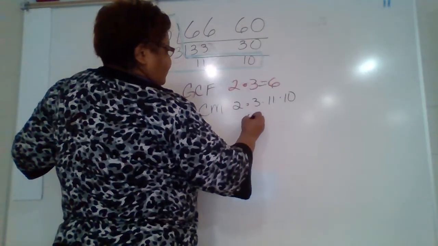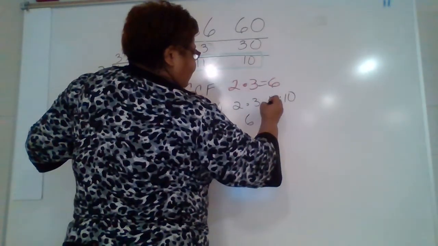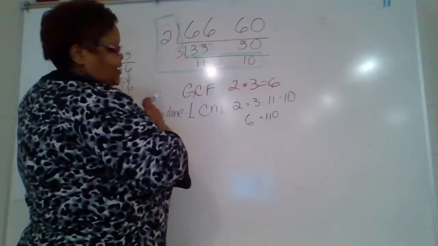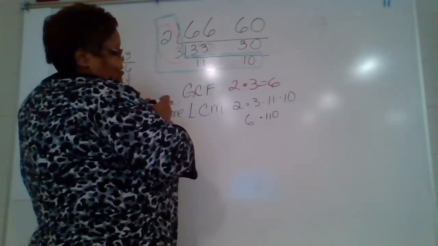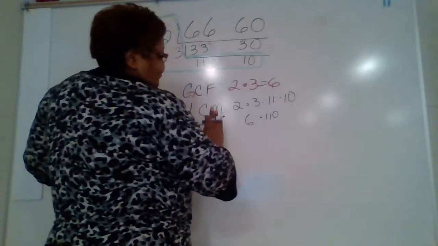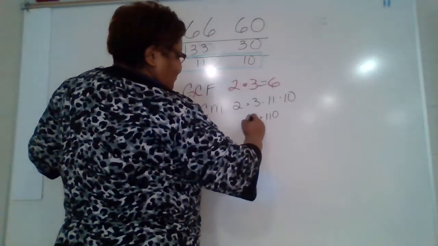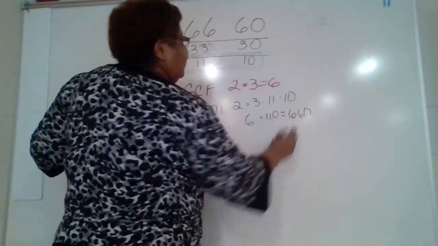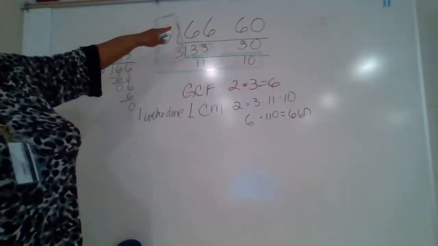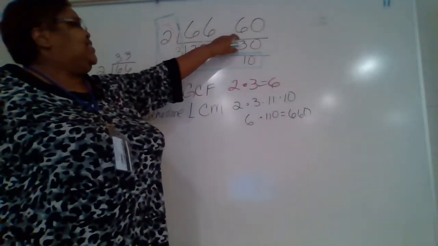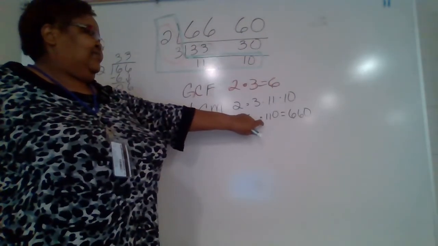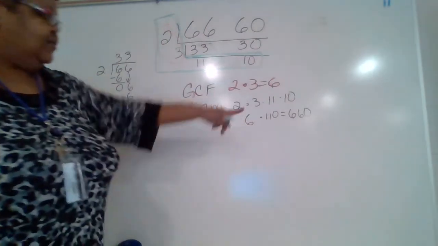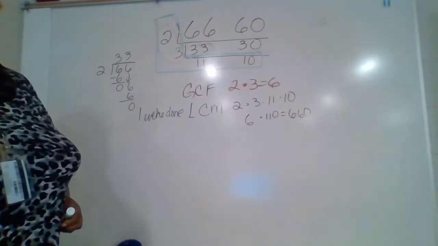I know 2 times 3 is 6. I know 11 times 10 is 110. Okay, so 6 times 110 is equal to 660. So you have to multiply this all the way out to 660 to get a number that both of these are multiples of. So 660 is my least common multiple.